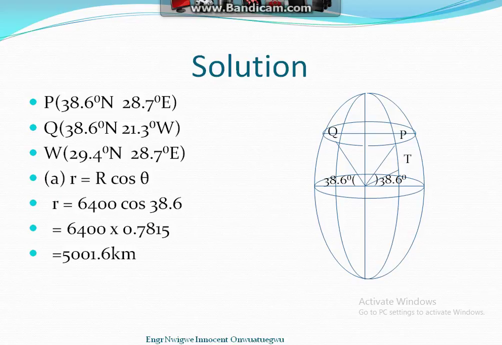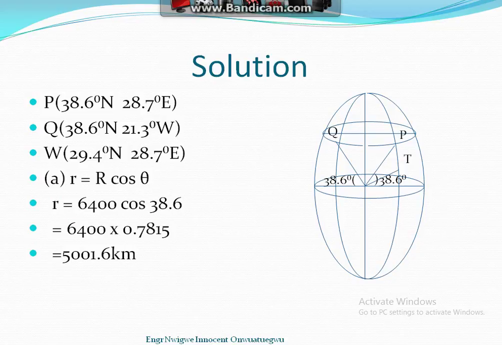Then for Q, we measure out 38.6 degrees with our protractor from the equator. Then using our ruler, since it is at the west part of the sphere, we locate 21.3 degrees west.